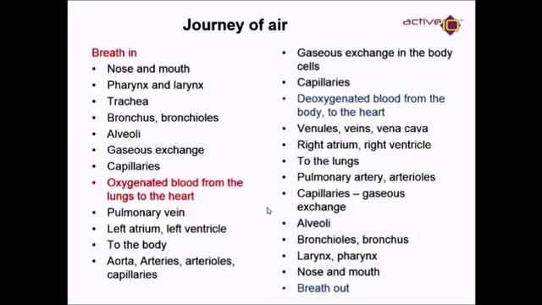Through the pulmonary vein, we'll then go to the left atrium and the left ventricle, and we'll go out to the body through the aorta. The aorta joins in to the left ventricle and pumps the blood around the body. As it's going around the body, it may go into arteries or arterioles and capillaries so that it can get diffused into the muscle. Okay?